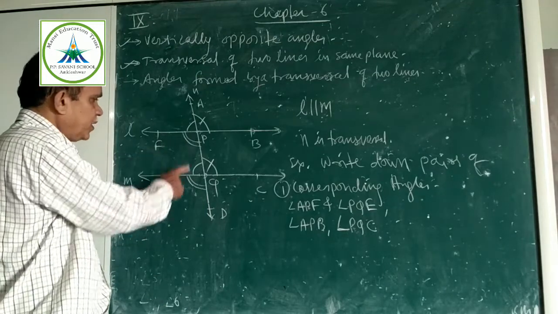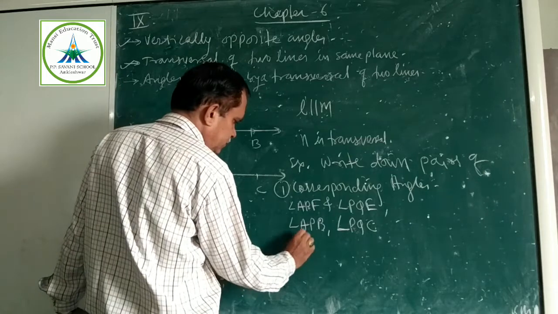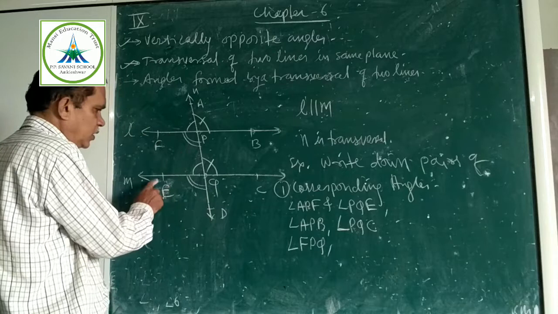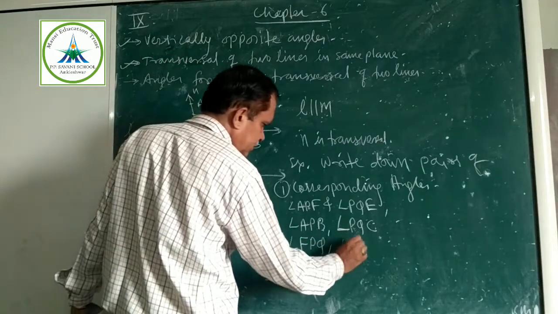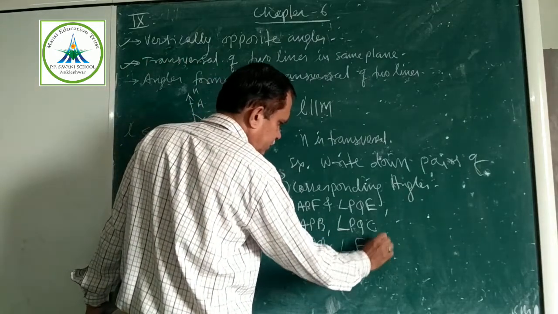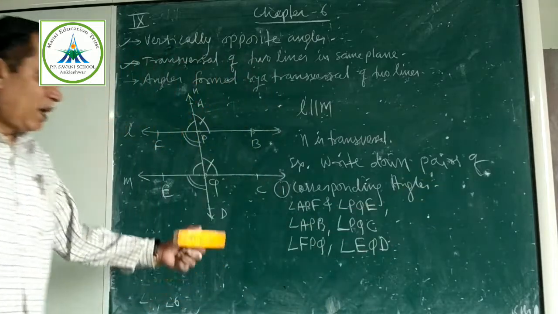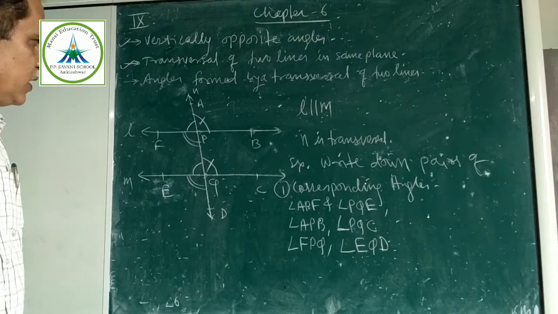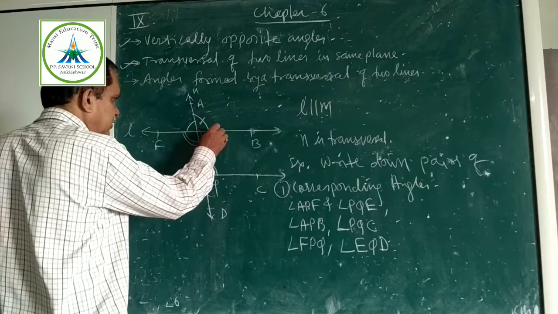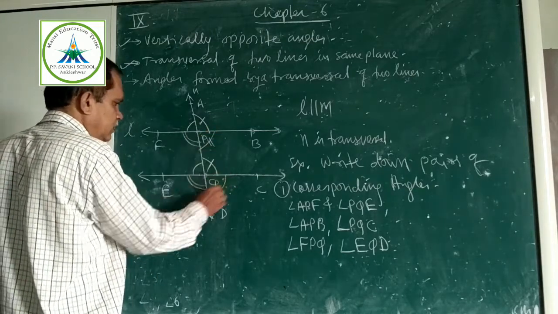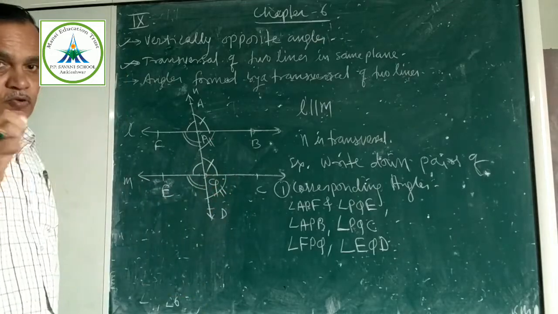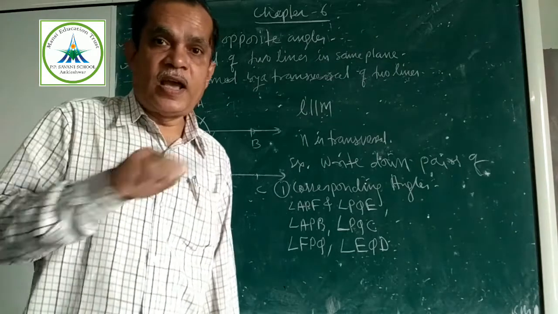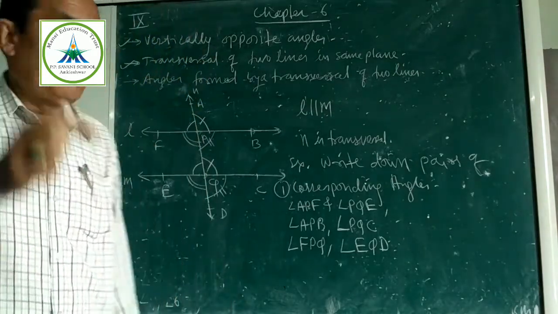Name angle FPQ, angle EQD. Yes, or next? This angle. See? You have to mark like this, practice like this. Unless you practice yourself by drawing diagrams and naming them, you will not remember.